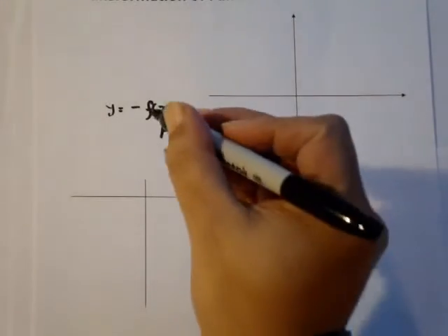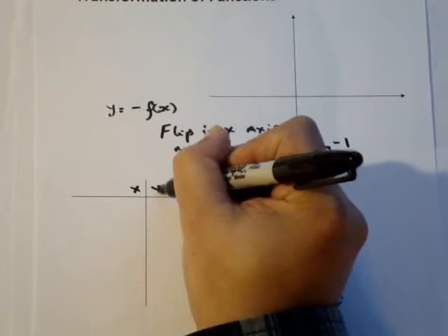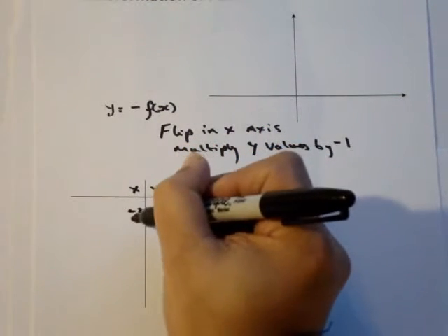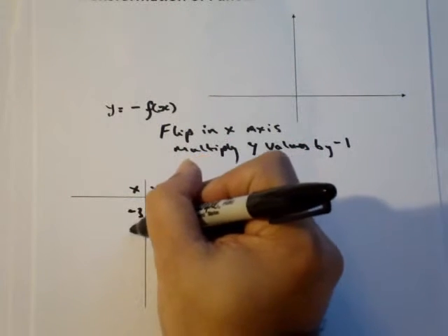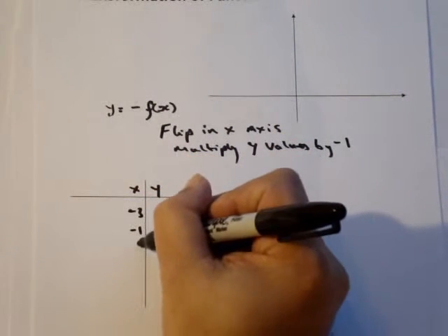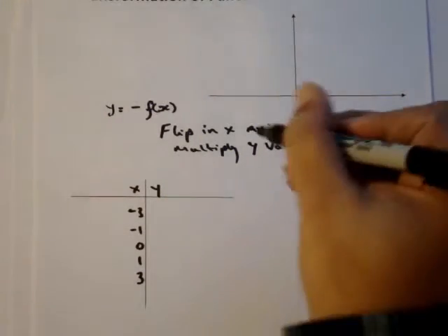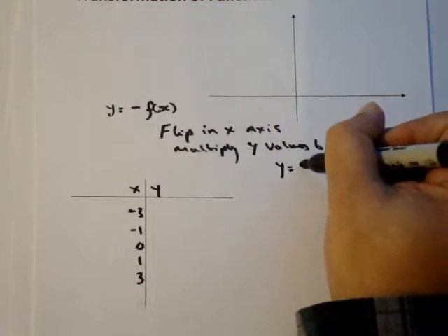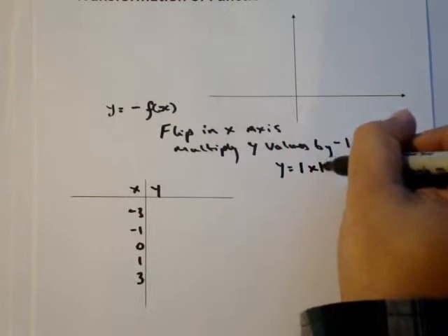For example, if we had x, y, say we had minus 3, minus 1, 0, 1, 3. Our parent function is y equals the absolute value of x.